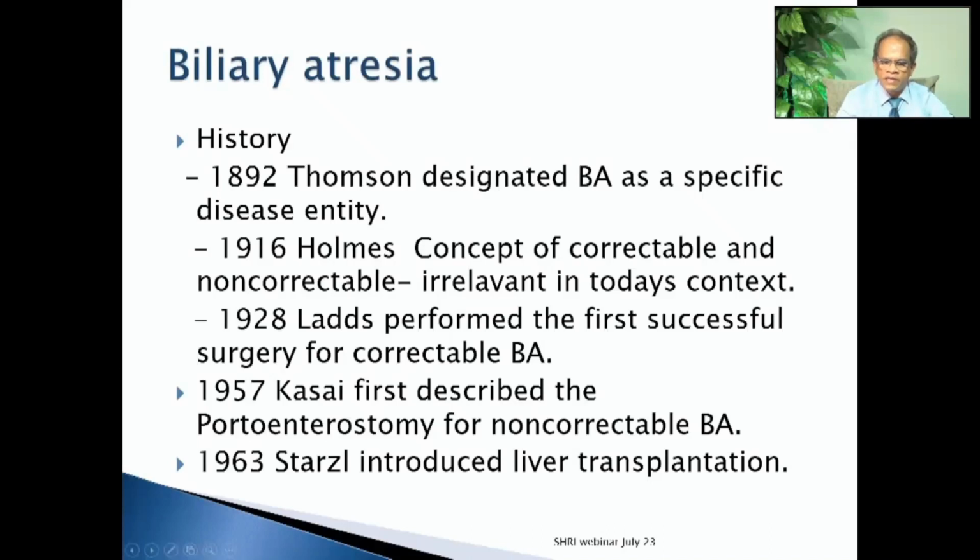Correctable biliary atresias had a patent porta hepatis or patent hepatic ducts or patent common hepatic duct, and the biliary atresia was limited to the common bile duct. In those patients, a hepatico-jejunostomy corrected the problem, and there were very good results in the correctable ones. But unfortunately, only about 10 to 12% of the babies have that correctable variety of biliary atresia. The non-correctable ones were destined for doom in those days.